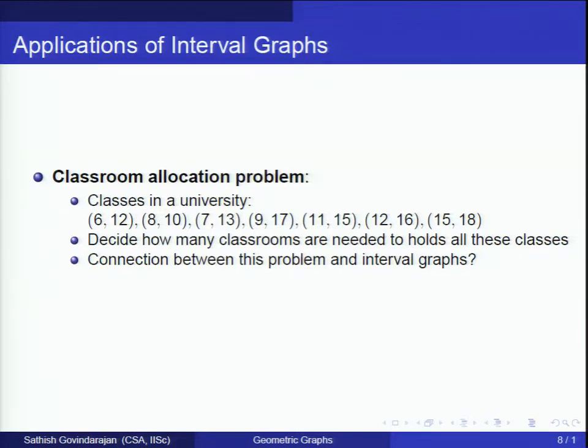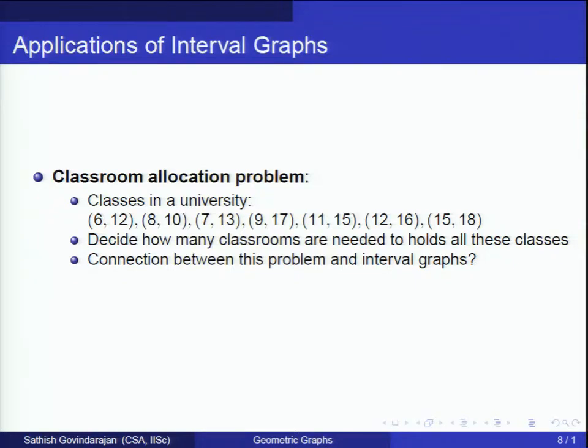Okay, so there is something called coloring a graph. Can you think about solving this, or modeling this problem, as coloring the interval graph? And what do I do with that? And that would correspond to?